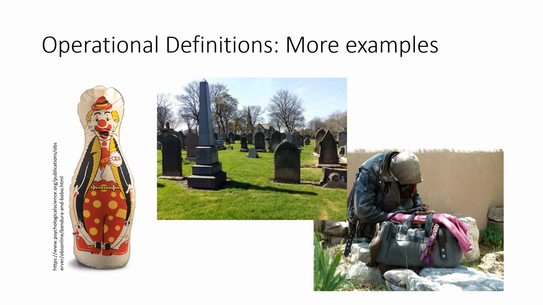They filmed each child for 20 minutes as they played in the room with the Bobo doll. The operational definition of aggression was the number of times each child hit, punched, or kicked the doll. That was just the operational definition for that study, though. You might think of other ways to operationally define aggression.